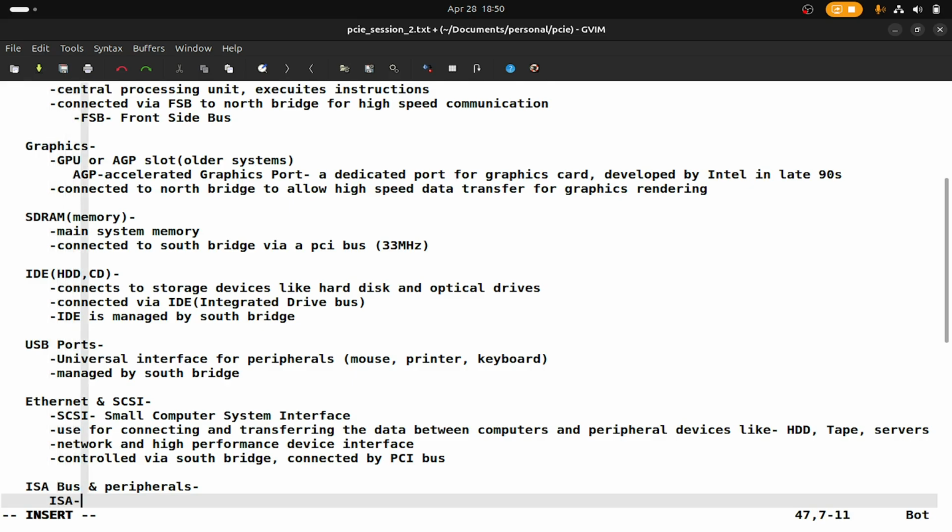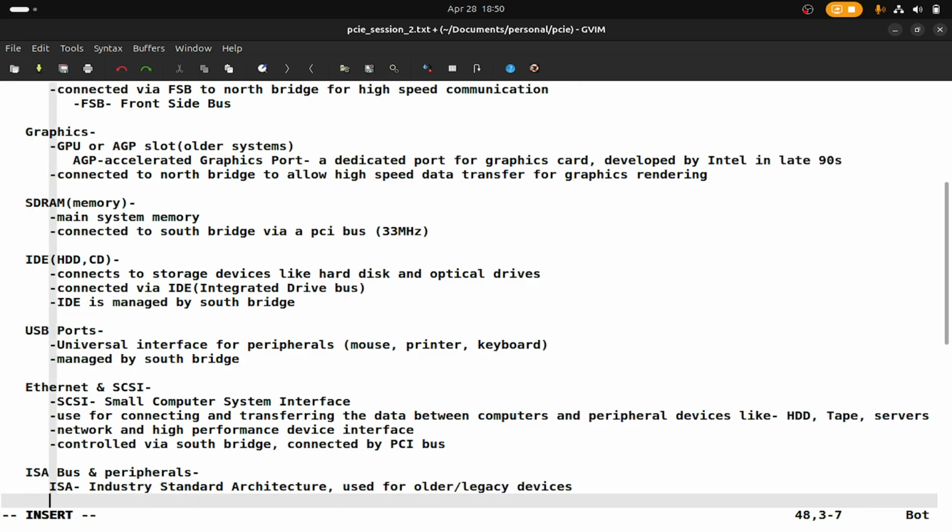Again, ISA stands for industry standard architecture, used for older, or we can say legacy devices in old generation PCs, right?